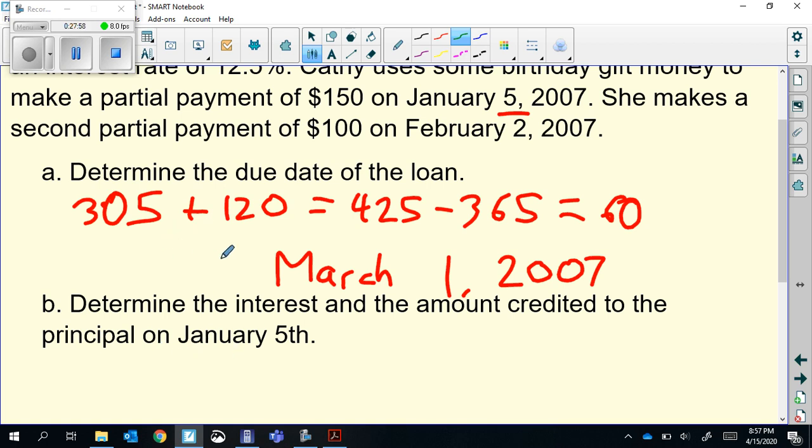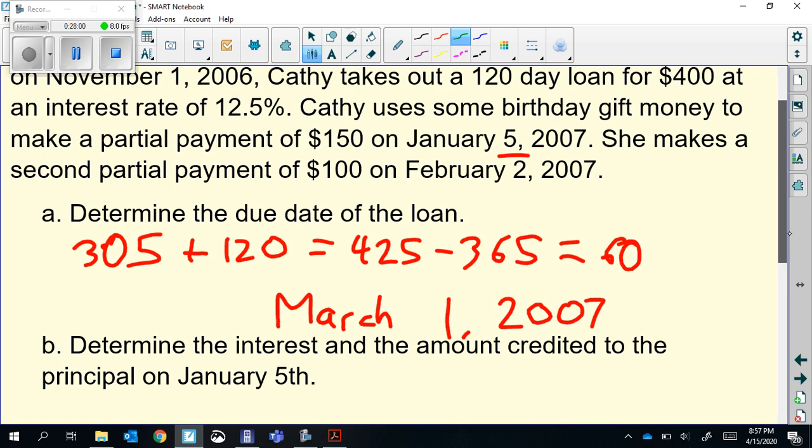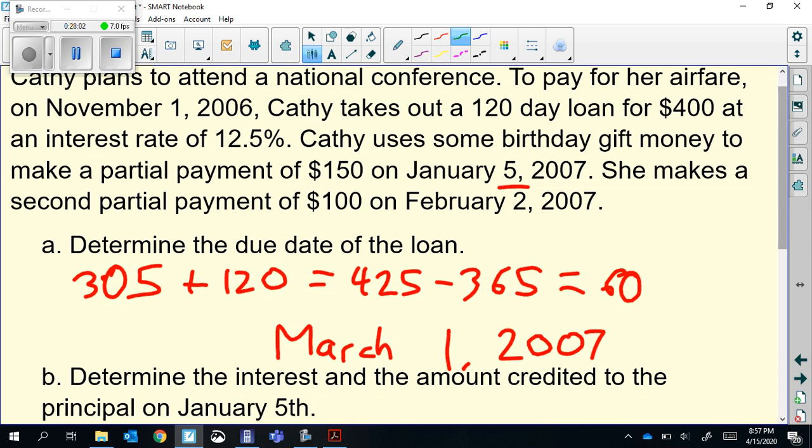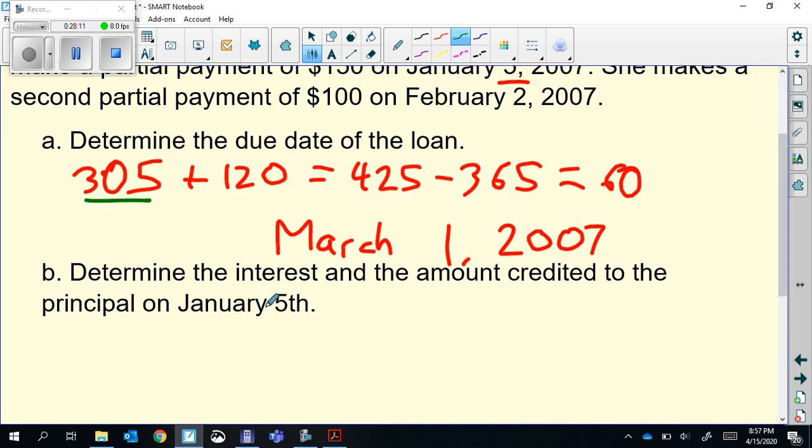We got to get how many days from the beginning, which was November 1st, which remember was day 305. To finish out the year, that's 60 more days. And then to get to January 5th, that's 5 more days. That's 65 days later. So we're going to figure out how much interest has been charged in 65 days.